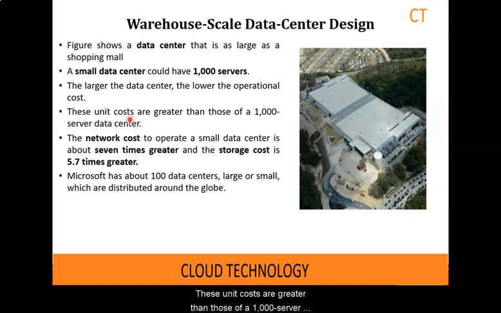These unit costs are greater than those of a 1,000 server data center. The network cost to operate a small data center is about 7 times greater and storage cost is 5.7 times greater. Microsoft has about 100 data centers, large or small, which are distributed around the globe.